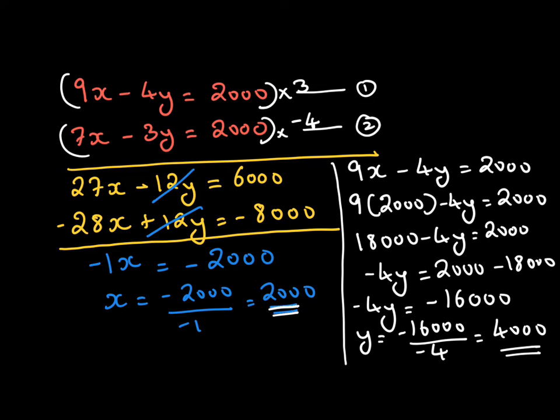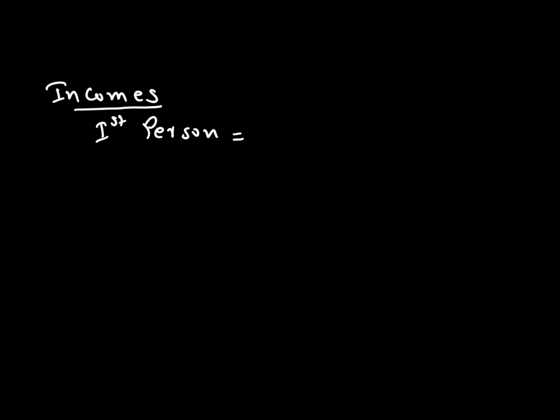The question asks us what are their incomes. The income of the first person is 9 times x. We know that x is 2000. So 9 times 2000 is 18,000.